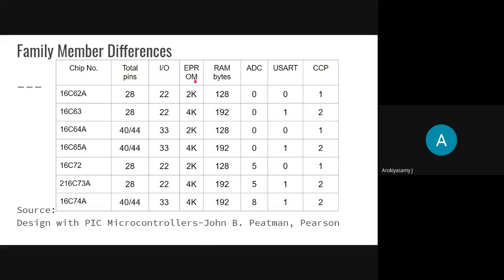Then EEPROM: erasable, programmable, read-only memory. This is called EEPROM. This is the chip's memory section. Here we have 2K memory and 4K memory in 62A and 63. Whereas in 64A, we have 2K EEPROM.